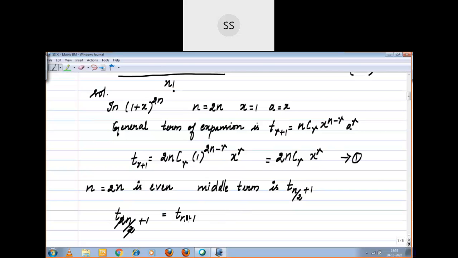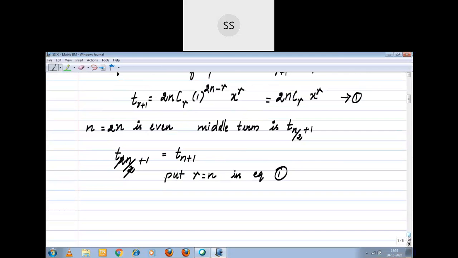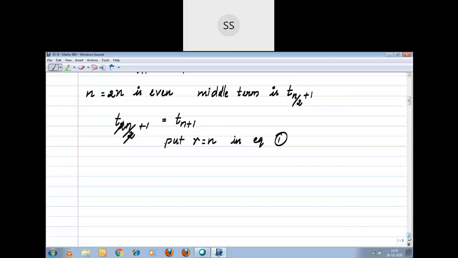This is our equation number 1. Here what is your r? Sorry, r equal to n in equation number 1. r equal to n.